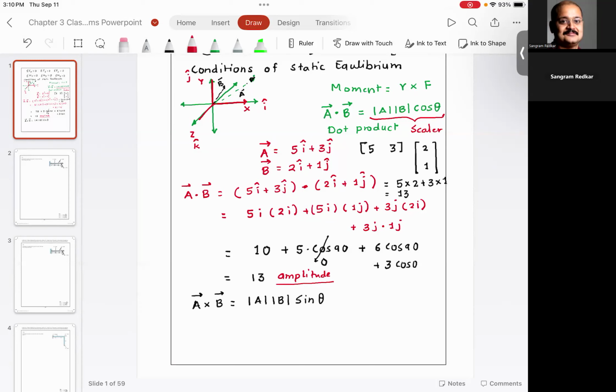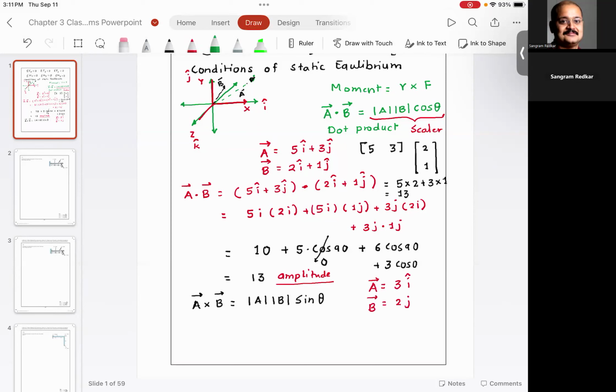Now, before I solve this complicated problem, I want to take a simple problem. Let me give you A is equal to 3i and B is equal to 2j.